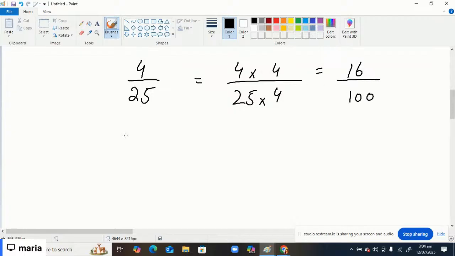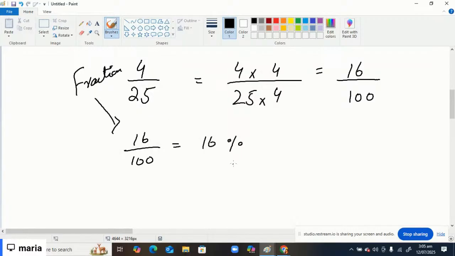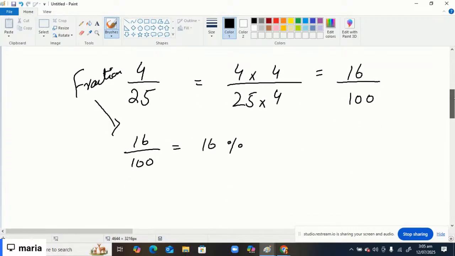Now here is 16 over 100 and we're just going to write it down as 16%. This is the way a fraction can be changed into a percent.